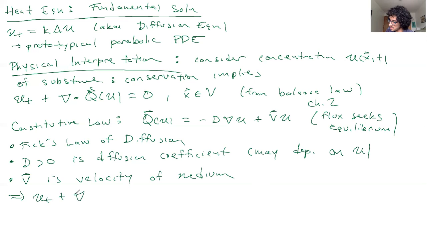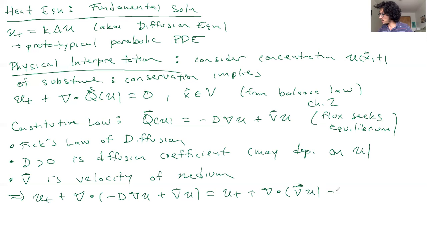And so u_t is equal to the divergence of minus D grad u plus v u, in other words, u_t plus grad dot (v u) minus D Laplacian of u is equal to 0, okay? And this is what's known as the advection diffusion equation.